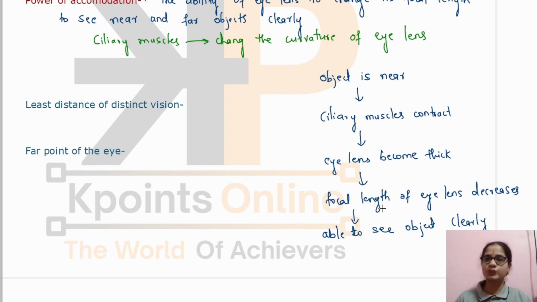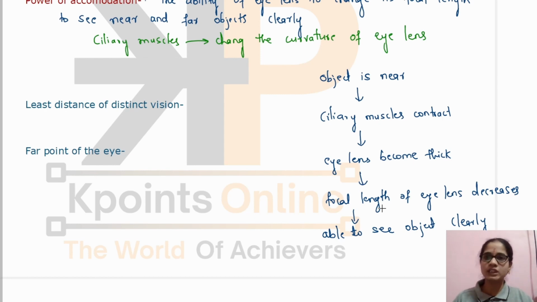Now, even though the eye lens has the flexibility of changing its focal length, it cannot be changed above or below a certain limit. The focal length of our eyes has a certain limit, and below a certain distance we are not able to see the objects. Try it yourself. Try to hold your book very near to the eyes.